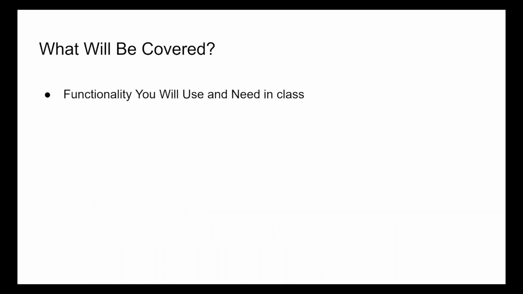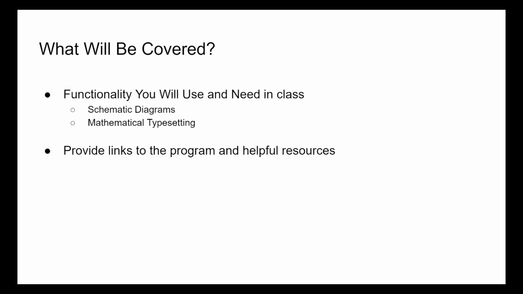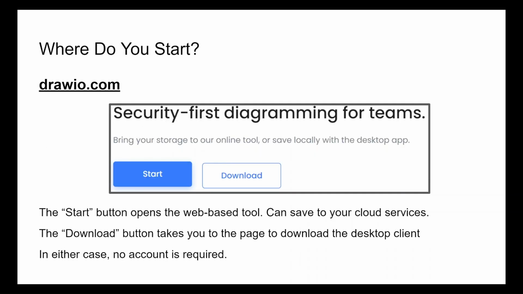So what are we going to cover in the video? The functionality you will use and need in class, and that's schematic diagrams and math typesetting. I'm going to provide you with links to the program and to other helpful resources. So when you go to drawio.com, it actually presents you with a landing page that asks you, do you want to start with the web-based tool?